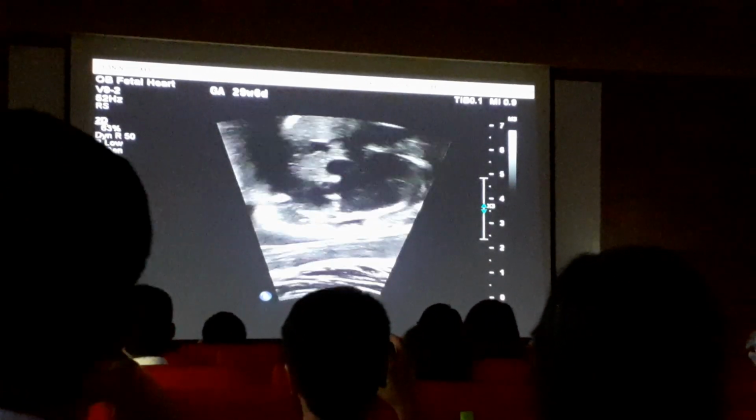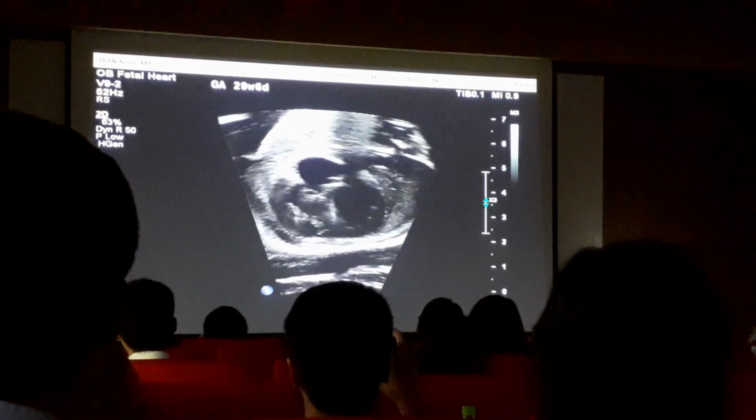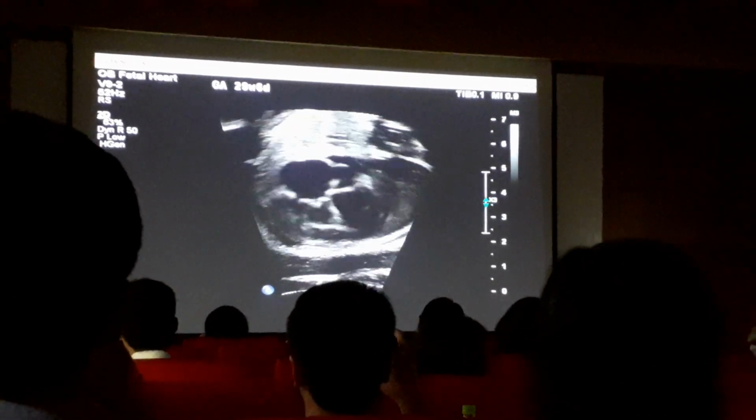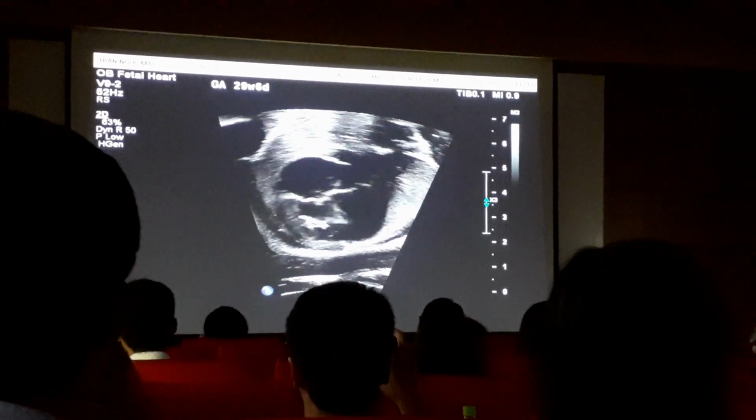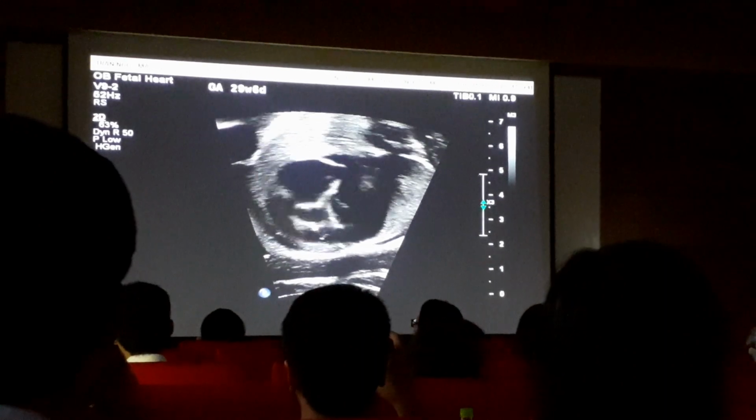Now this is an obstetric scanning machine. It doesn't have continuous wave Doppler, which requires a cardiac probe.